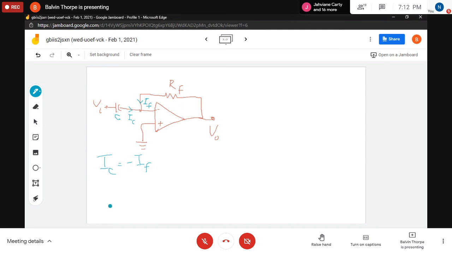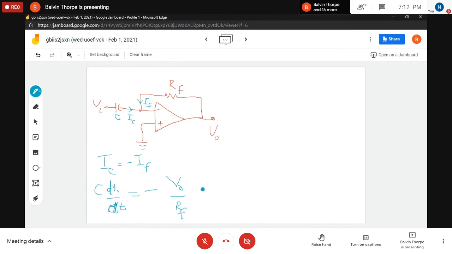Writing them in voltage format makes it easy now because we know what the current through a capacitor is. Remember, it is C dV over dt. But in this case, which voltage are we differentiating? Which voltage is changing with time? The input voltage, VI. Yes. It's C dVi/dt. And that's going to equal IF, which is minus VO over RF.